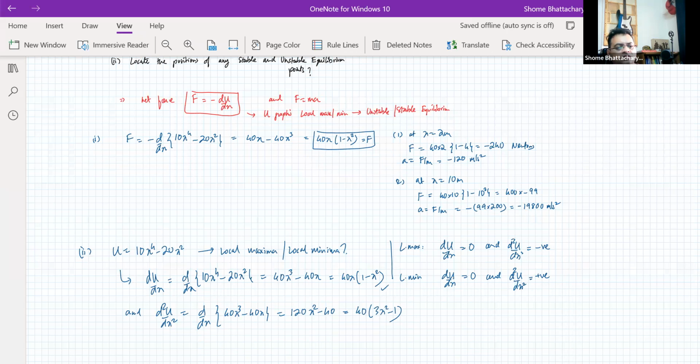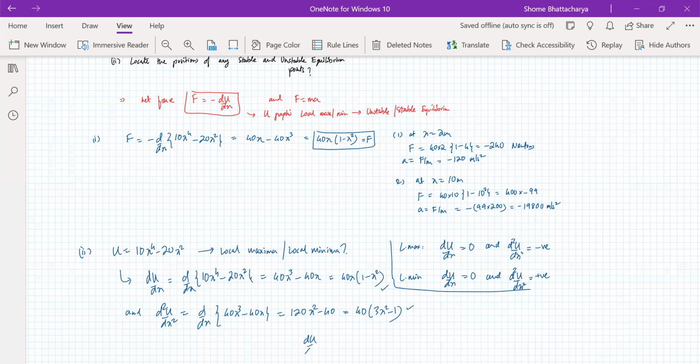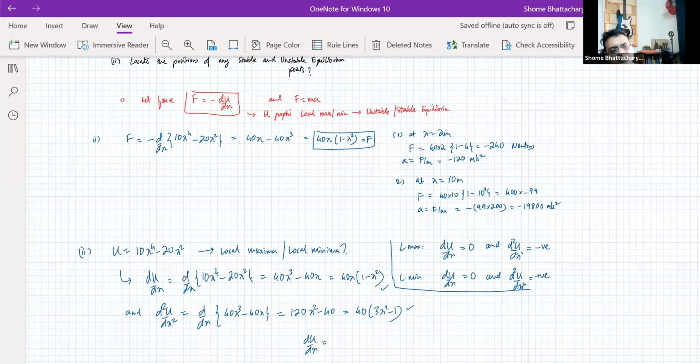Okay, so this is clear. So du by dx is given by this formula, and the second derivative d2u by dx square is now given by this formula. Even this we can factorize, but I'm just leaving it like this.